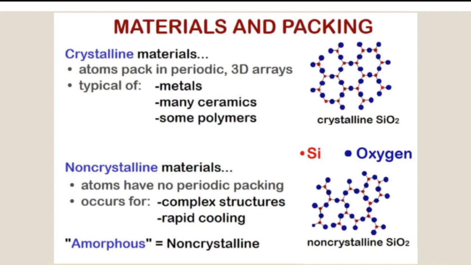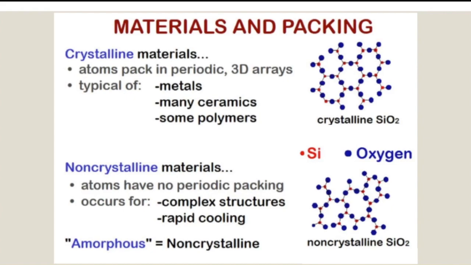While the non-crystalline materials are those materials which have complex structure and are formed by rapid cooling. Here you can see the crystalline SiO2 structure, silicon dioxide. So here it is arranged in some periodic manner, while in the non-crystalline silicon dioxide, you can see the structure is not uniform. So this is non-crystalline or amorphous.